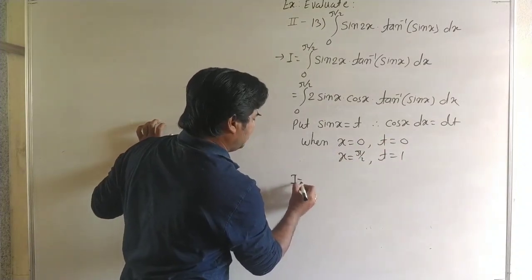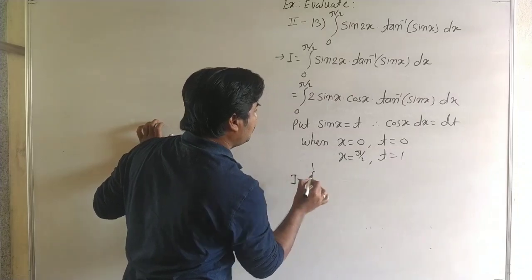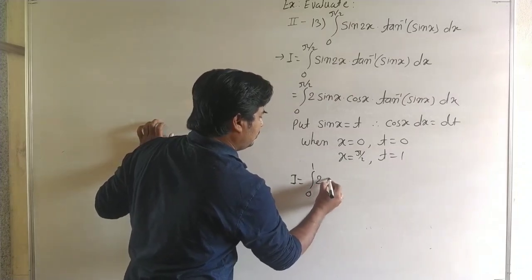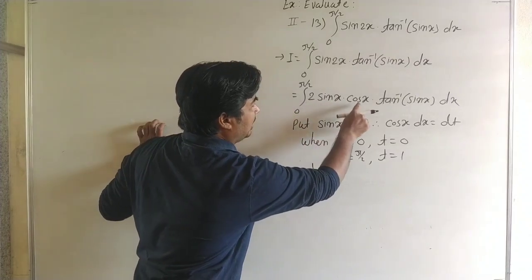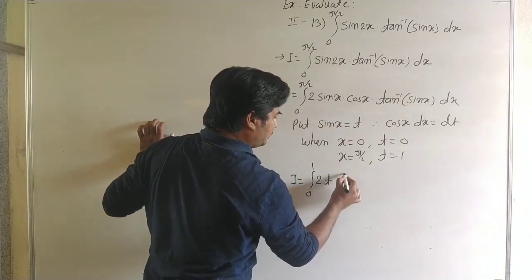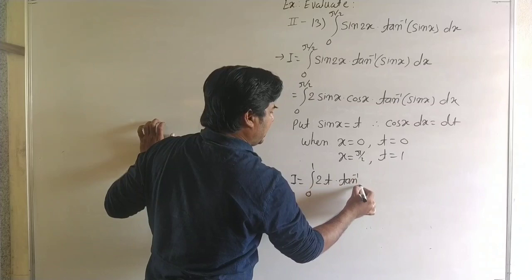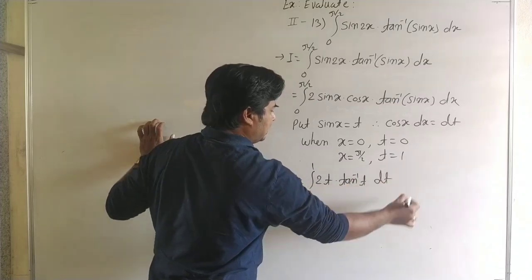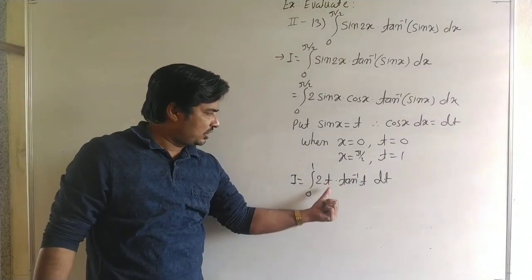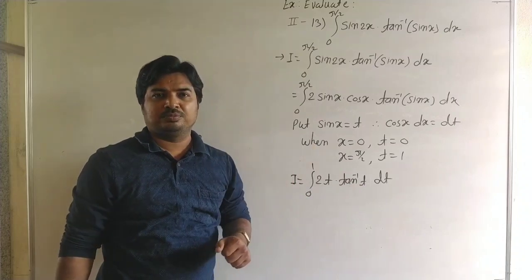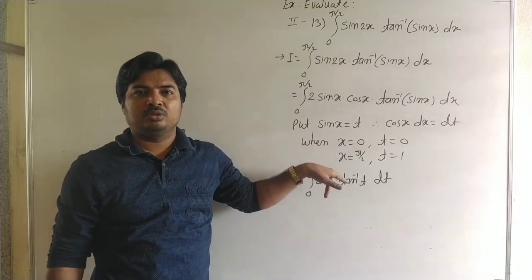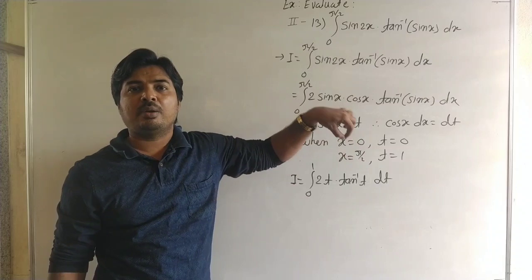Then the integral is 0 to 1, see carefully, 2t, cos x dx is dt, into tan inverse of t dt here. And now it is t into tan inverse t, a product of two functions, so integration by parts.